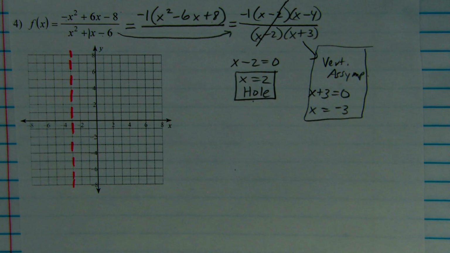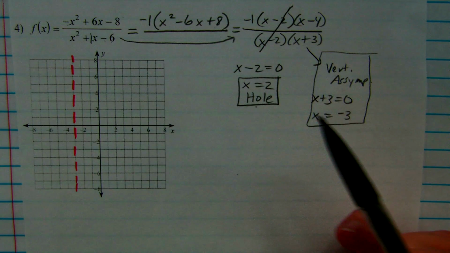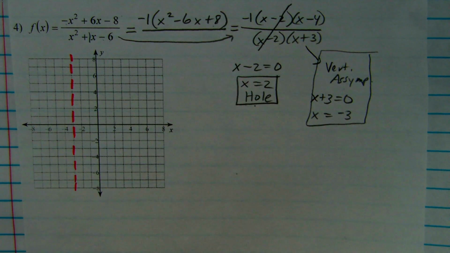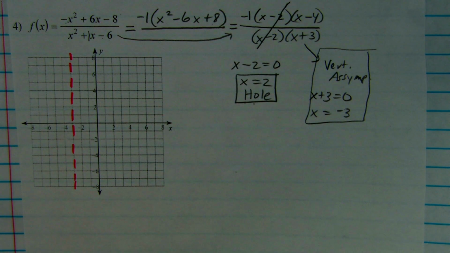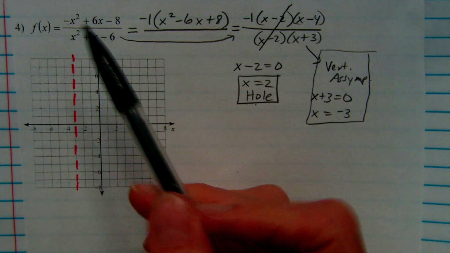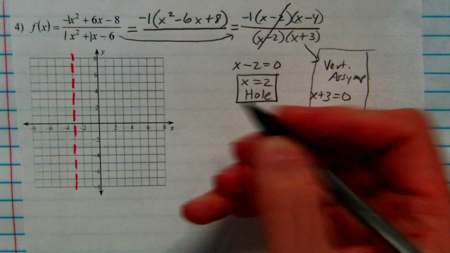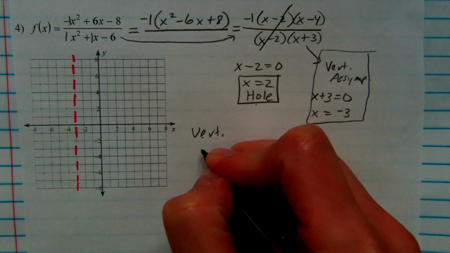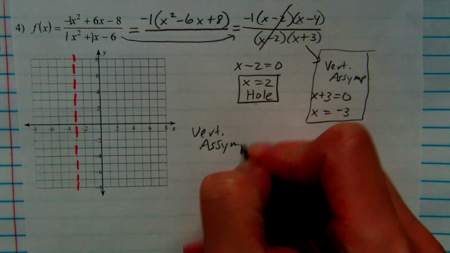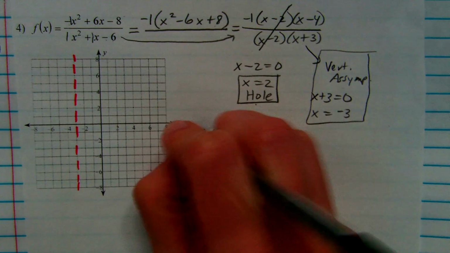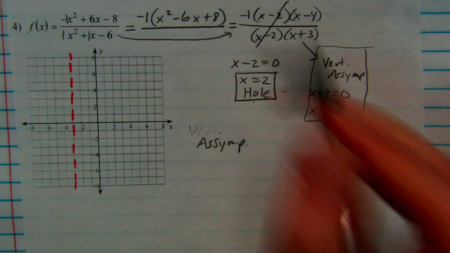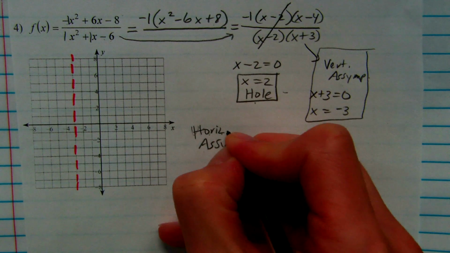Okay, and then we also would have a horizontal asymptote. Where do we find that at? It's the fraction created by the leading coefficient. So this would be -1 and 1. Horizontal. I did that yesterday too. Good thing you guys are smart.